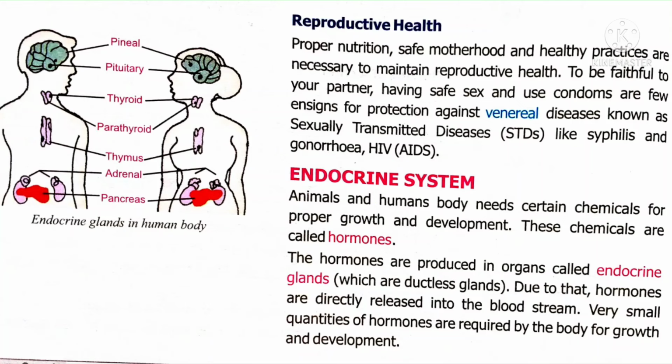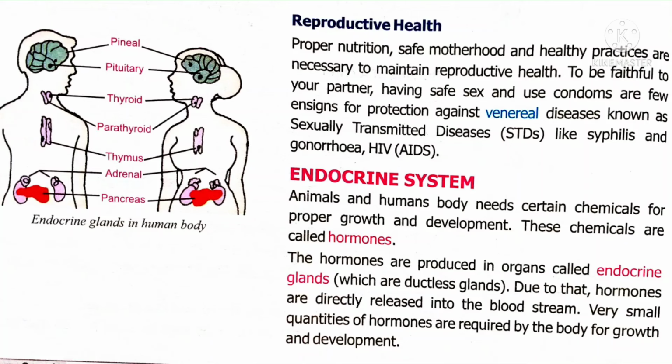The next concept is the endocrine system. Animal as well as human bodies have an endocrine system which helps in the production of chemical substances called hormones. An endocrine gland is also known as a ductless gland because these glands secrete their chemical substances directly into the blood.